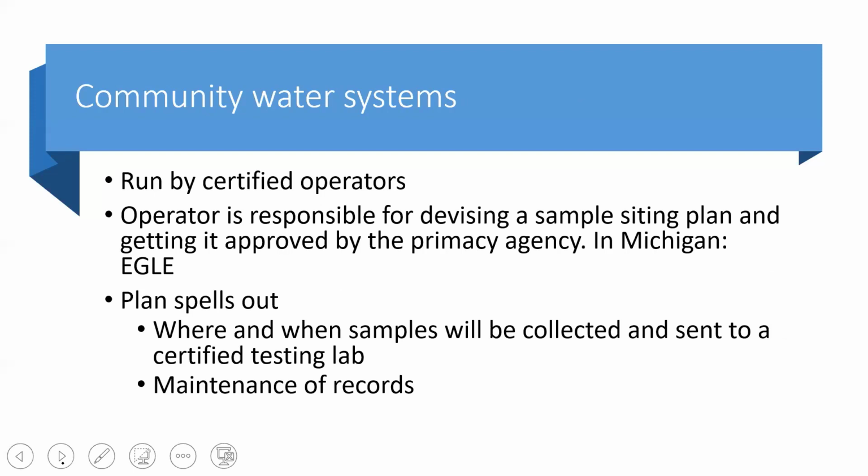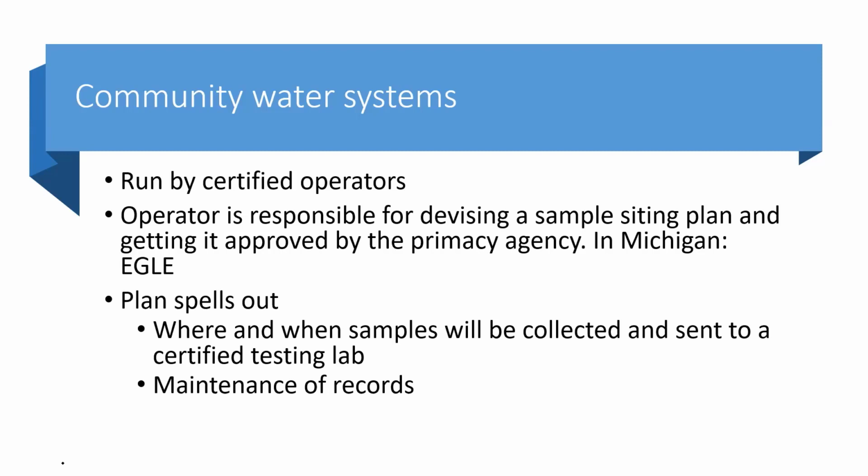Now, community water systems are run by certified operators. MSU has a certified operator. They're certified by the state. They have to meet certain requirements for education, for experience. They have to take a test.